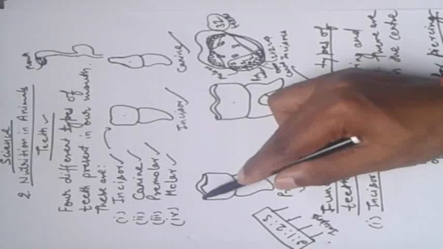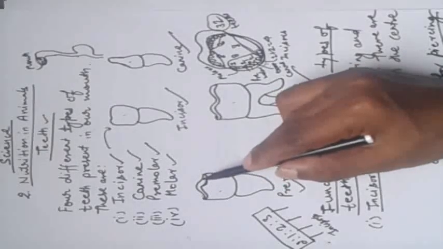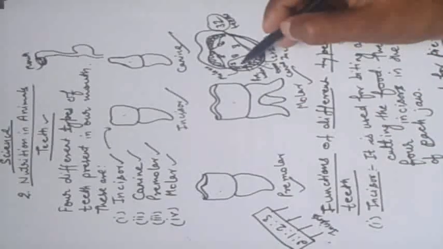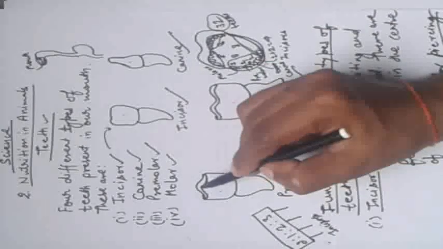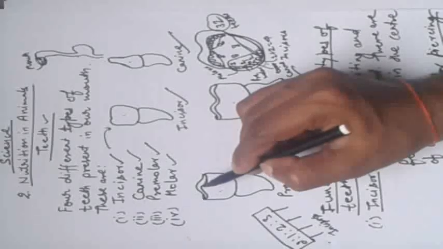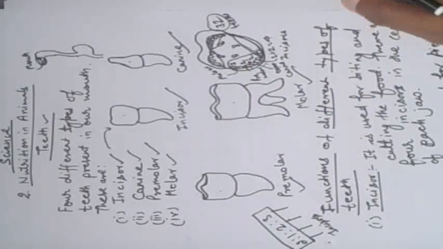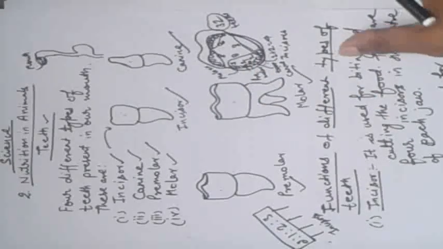Premolars are large teeth just behind the canines. Their top surface is large and flat, and they are used for chewing and grinding the food.